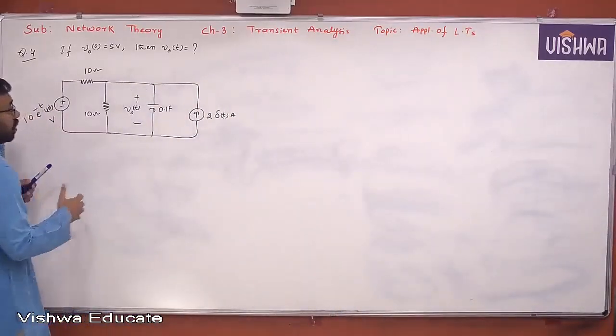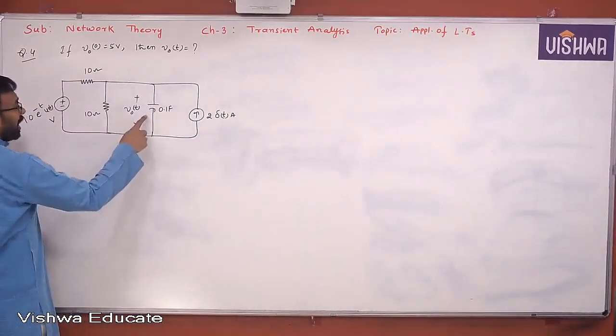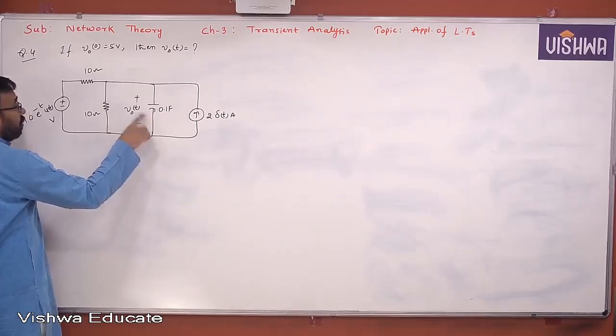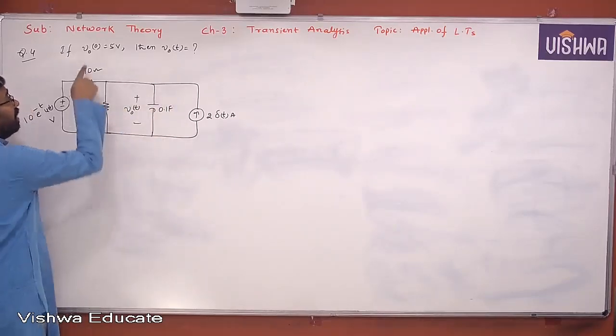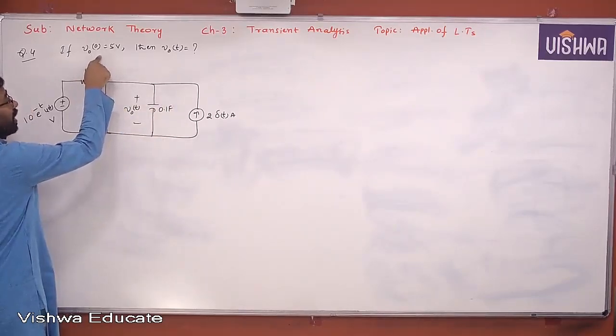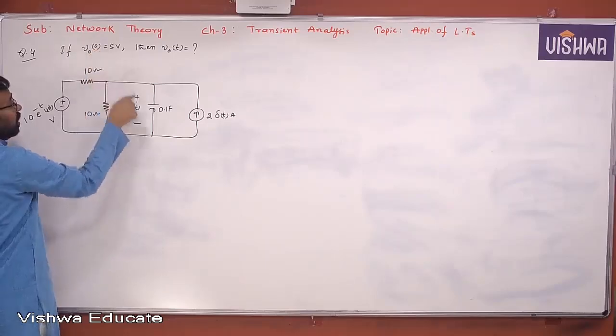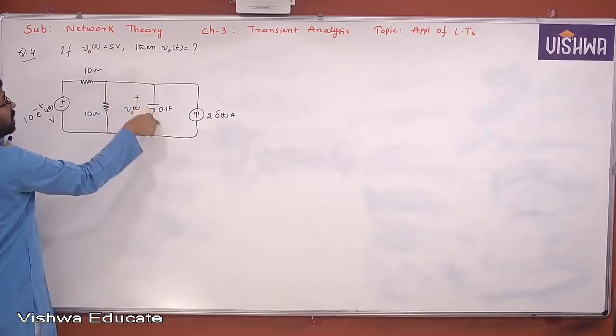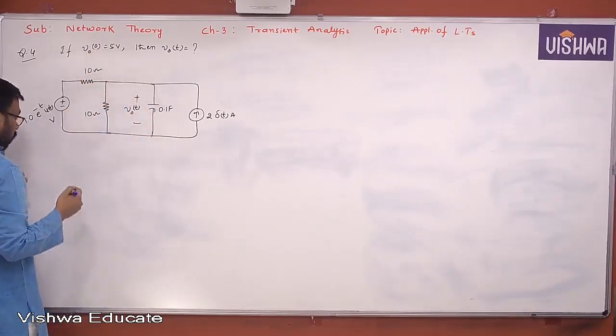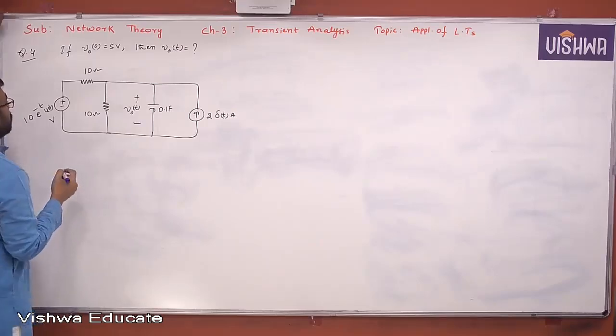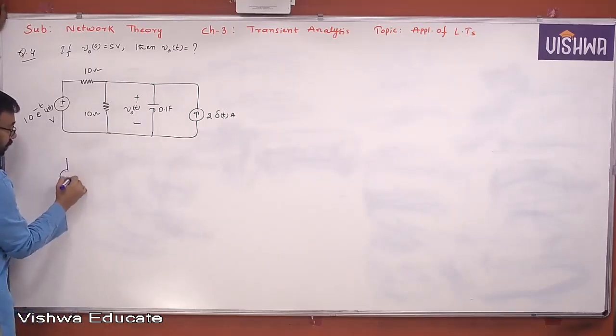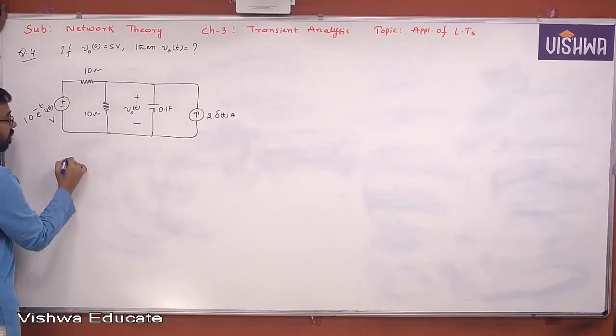And to draw the S-domain equivalent, definitely the voltage across the capacitor must be known. But here the switching operation is not given, but he mentioned what is that zero minus condition in the capacitor, that is 5 volts given. So therefore, let me draw the equivalent circuit here. Plus minus.